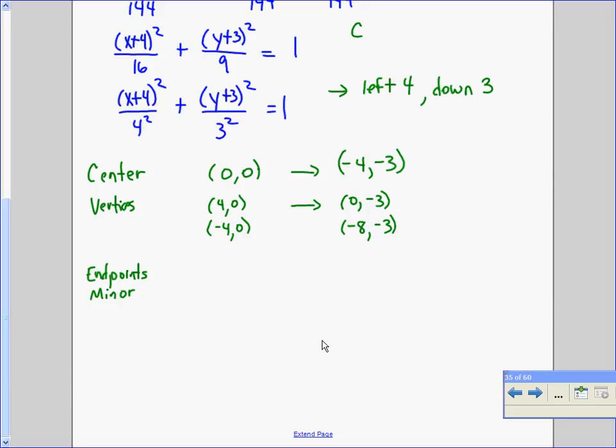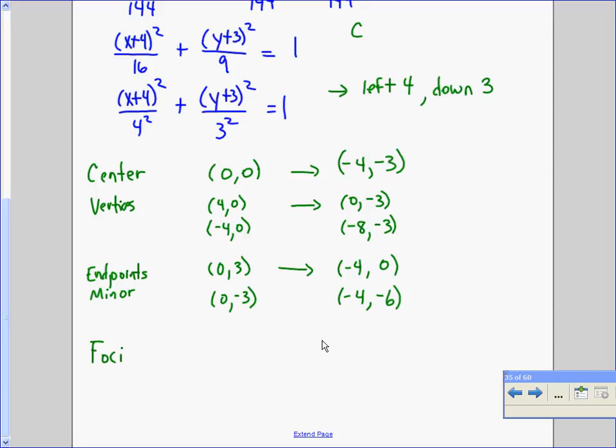Initially the endpoints on the minor axis are going to be at 0, 3, and 0, negative 3. But then I need to change those over: I'm going to subtract 4, and then subtract 3.